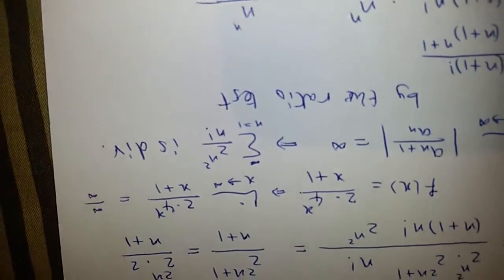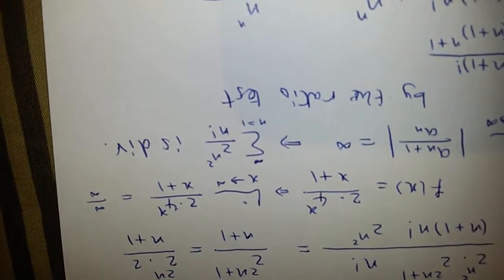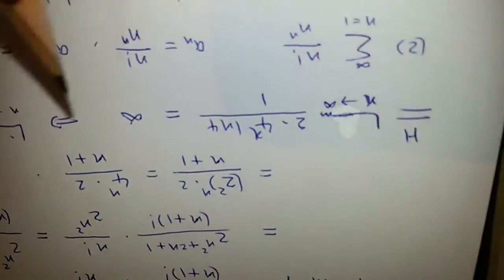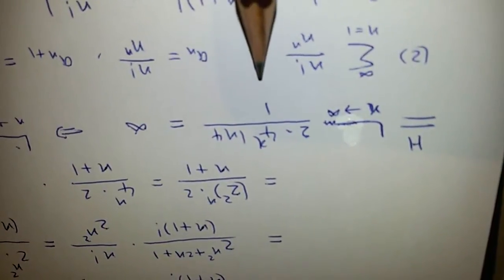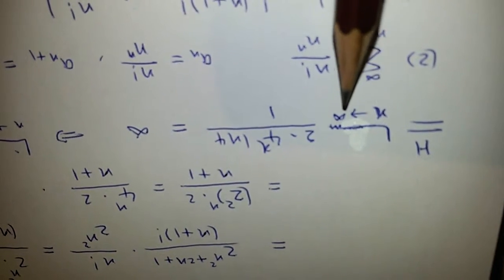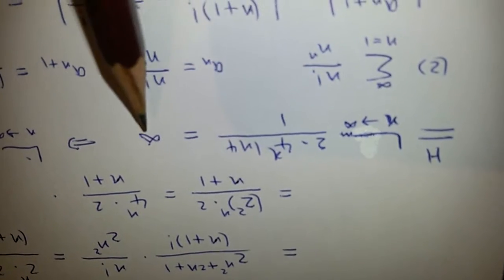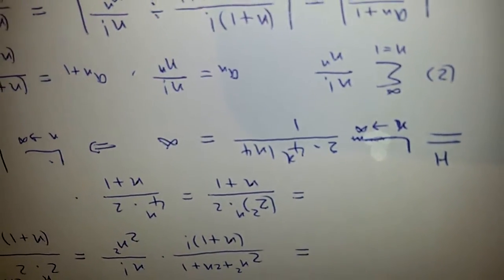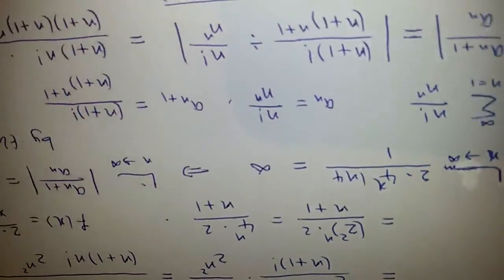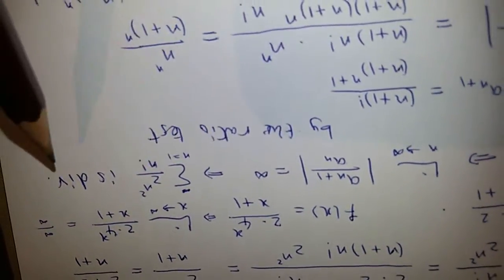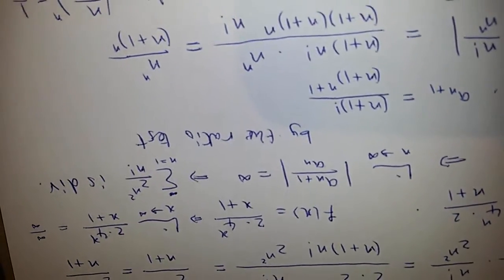The derivative of 4 to the power x, as we know, is 4 to the power x times ln 4. So we will have this limit. And now if you take x to infinity, you will have 4 to the power infinity, and all of the others are constants, so it is infinity. Using the ratio test, the limit is infinity, so the series is divergent by the ratio test.